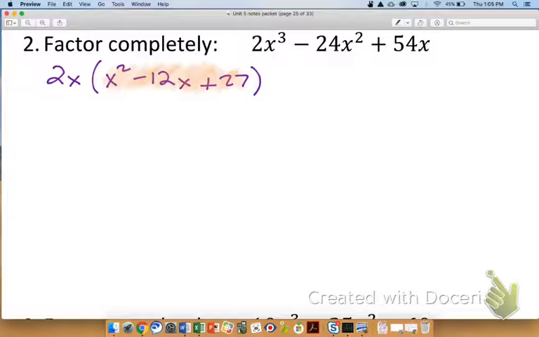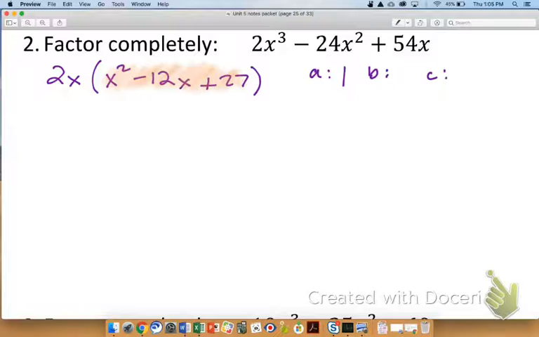Let's identify our A and our B and our C. So the expression in orange, the leftover. What is the A value? The A value is never x. It's always a number. What is it, Sebastian? 1. It's a 1, right? So if the coefficient's not there, then we recognize that it's a 1. What do you guys think the B is? 12. Not 12? Negative 12.